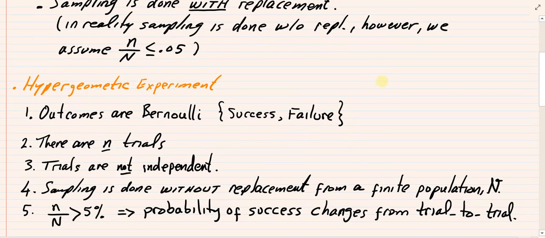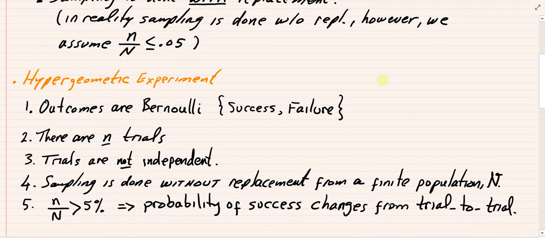Therefore, we come to a more realistic probability distribution that will address those deficiencies, or I should say those modifications. So what is a hypergeometric experiment? Again, kind of like the binomial, we have certain restrictions on it. First, the outcomes are Bernoulli, success-failure kind of outcomes, and the success and failure may not have their usual connotation.